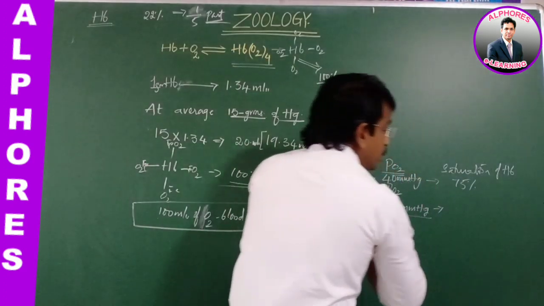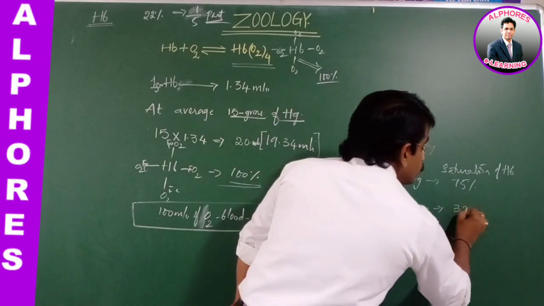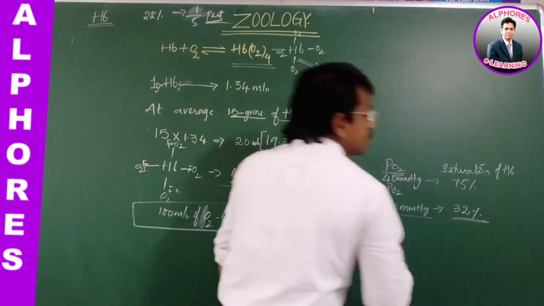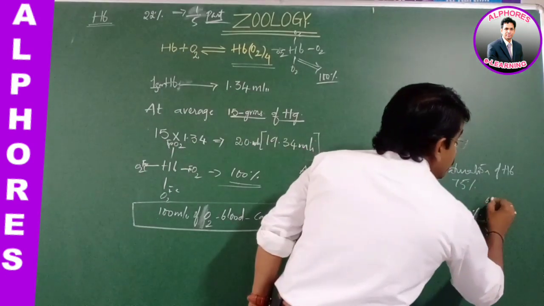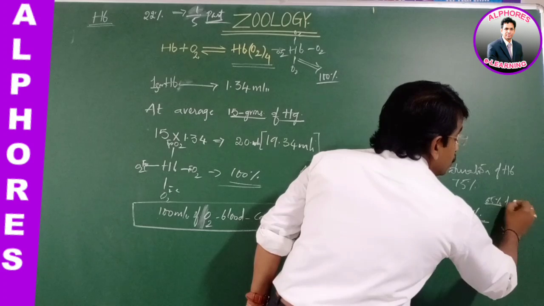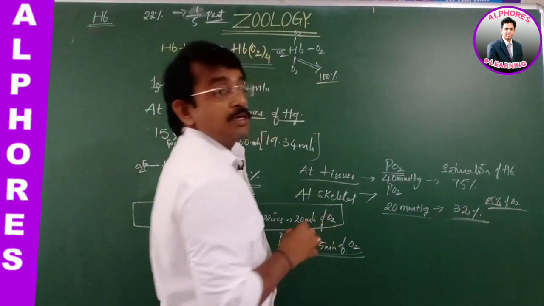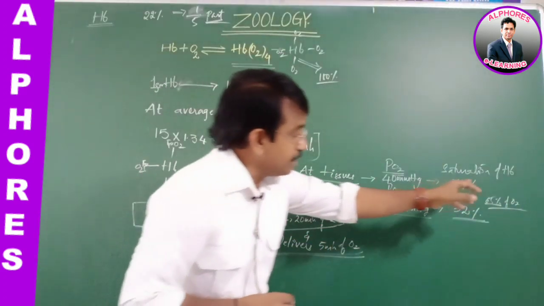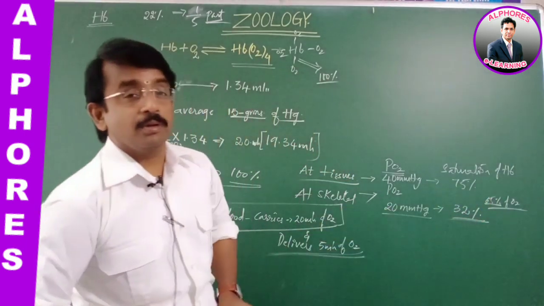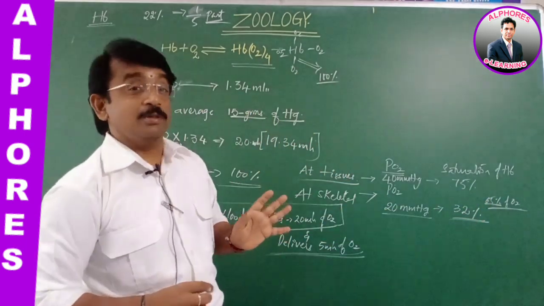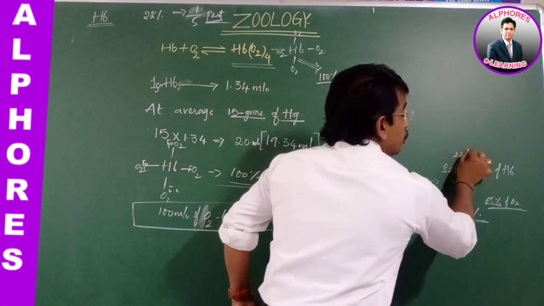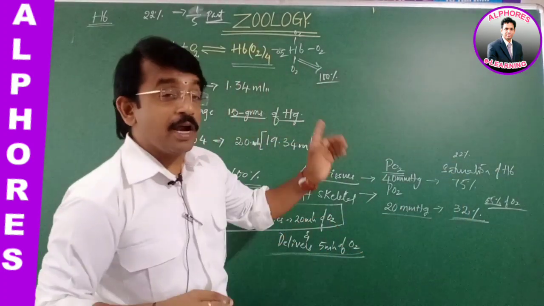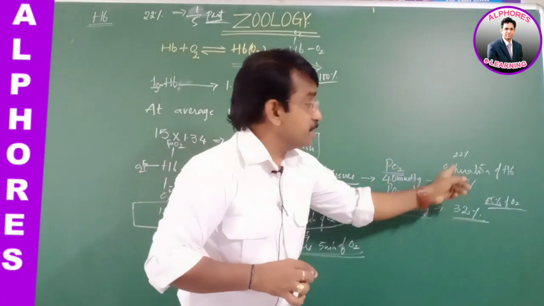So, the saturation of hemoglobin will come down to 32%. Why? That is, 65% of the oxygen is delivered to the tissues. 65 plus 32, 97 through RBC. Clear?